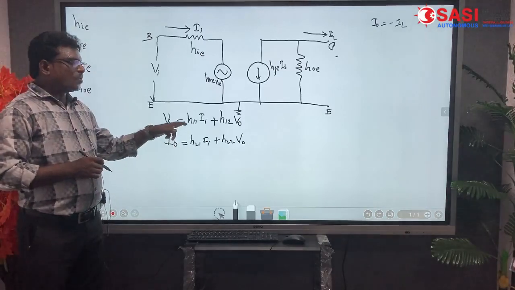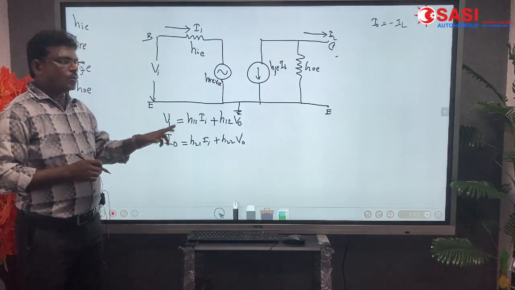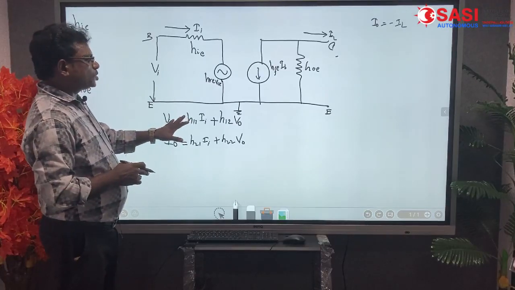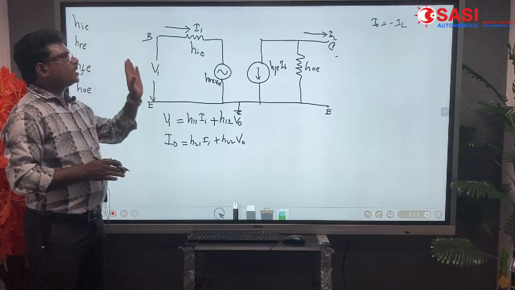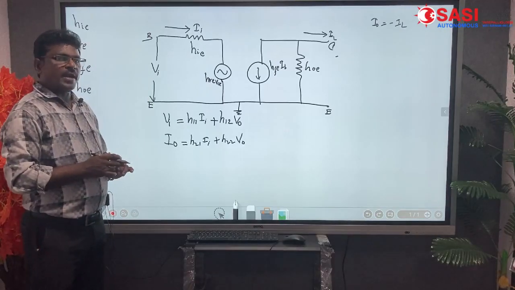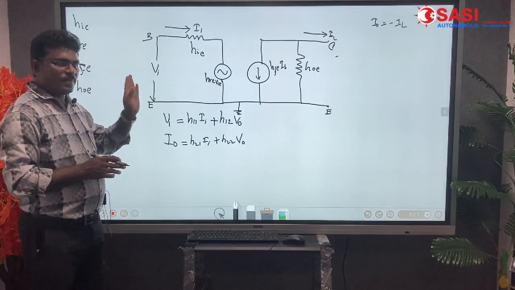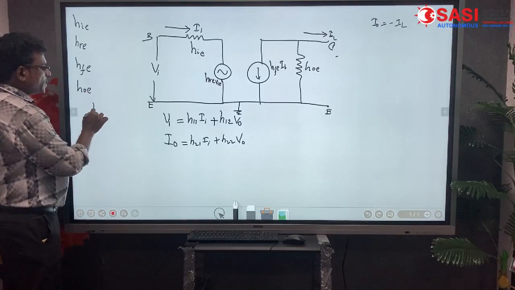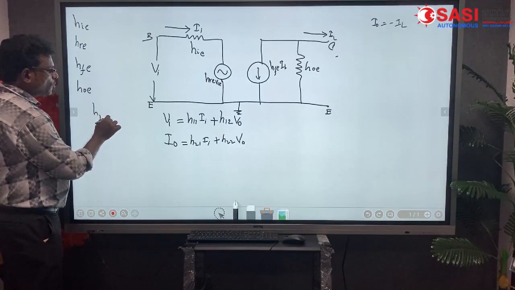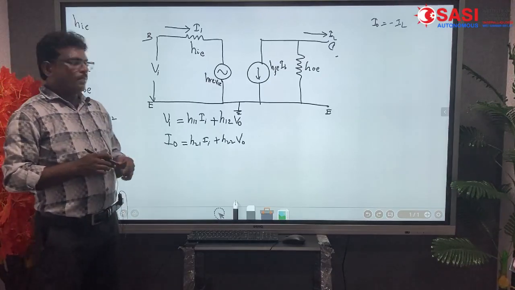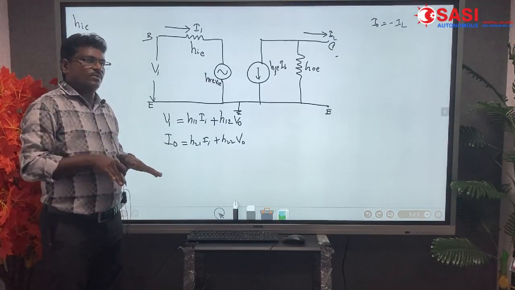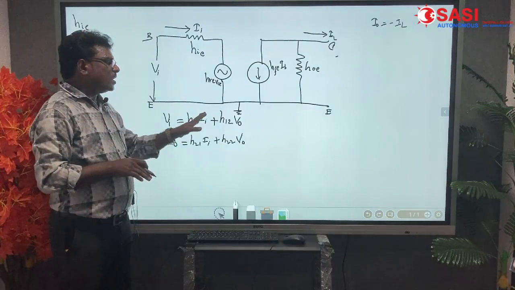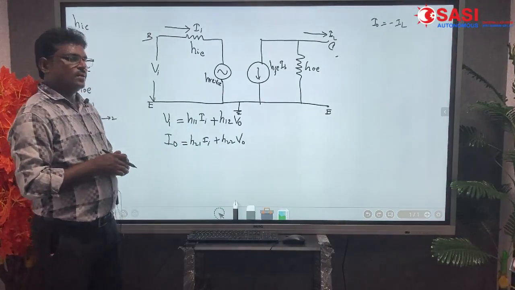Why am I writing these 11, 12, 21, 22? There is a big meaning. The parameter H11 is the parameter in the input side only. It's not transfer. Only input side parameter. Compared with H12, H12 is transferring from first port to second port. But here H11 is itself in the port, input port. That's why H11 is identified, H12 is identified like that.